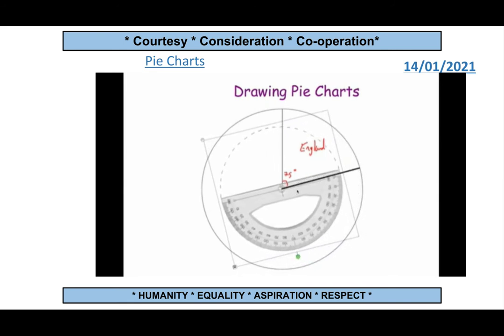Make sure the line is lined up with 0. And then I'm going to use the outer scale. And remember, 150 is an obtuse angle, so this is going to be bigger than 90 degrees. Okay, so there's 150.